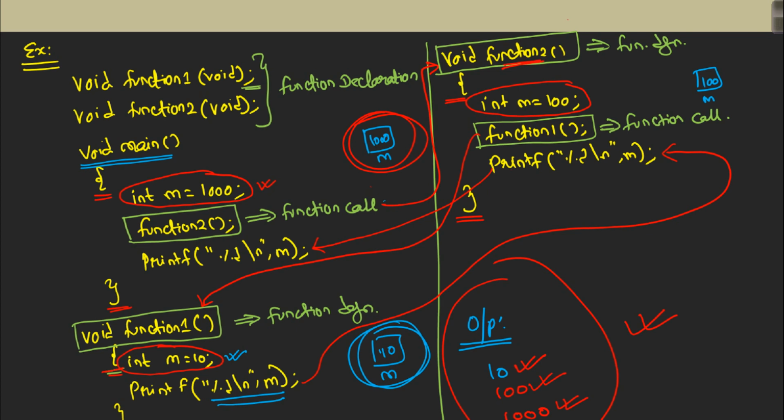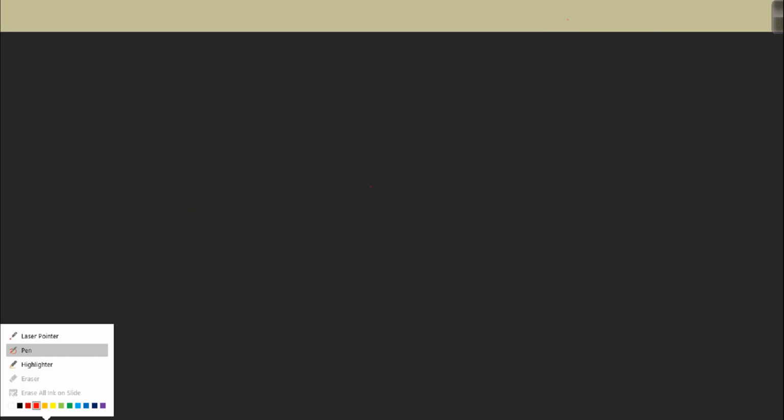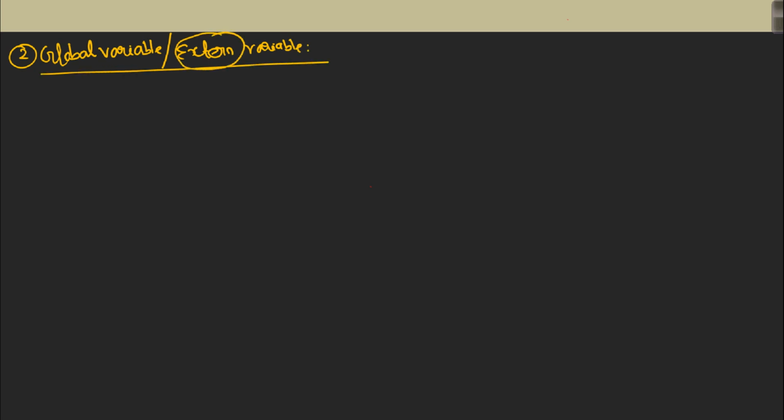Now I will take you to the external variable or global variable. Very, very simple idea. If you are clear with auto, then global will be very, very simple. Okay. So the second one is global variable or external variable. If you observe clearly, you will understand this external is nothing but external variable.